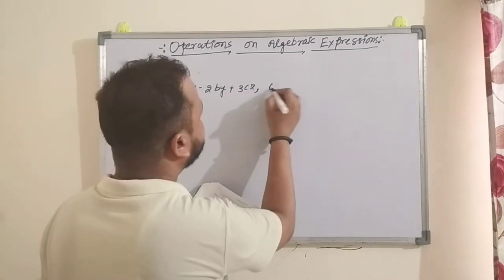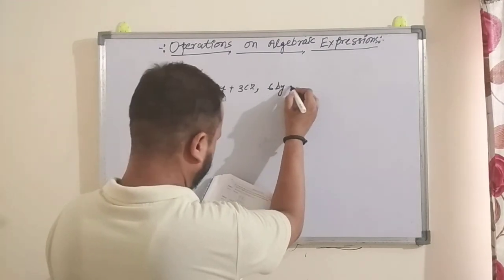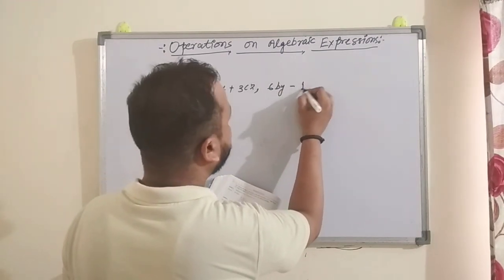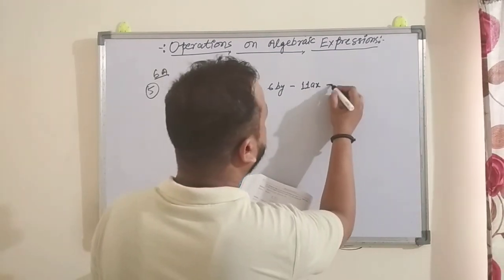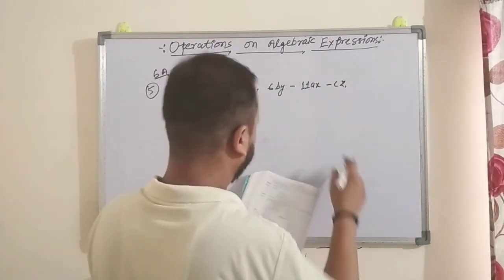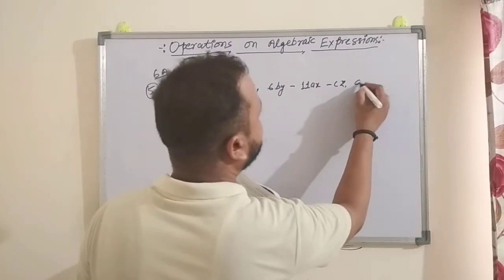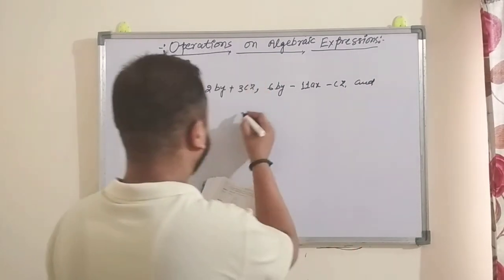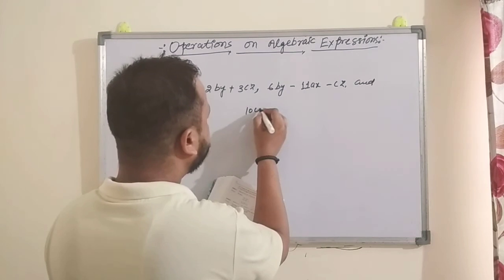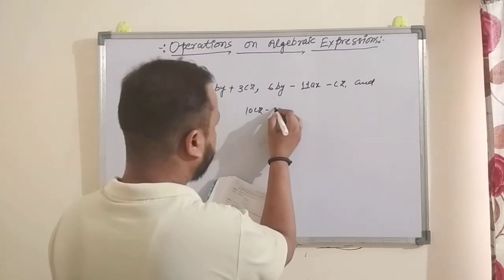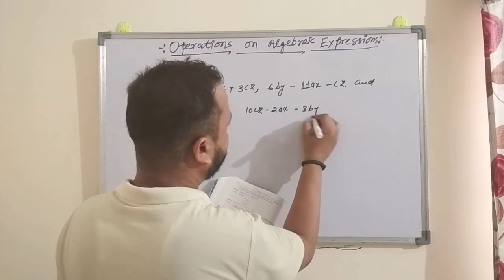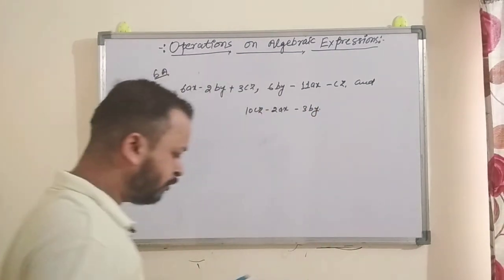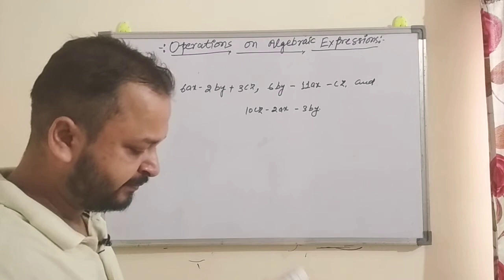and 6by minus 11ax minus cz, and 10cz minus 2ax minus 3by. We have to add them.